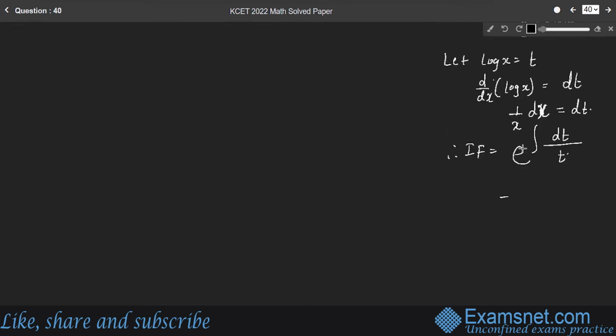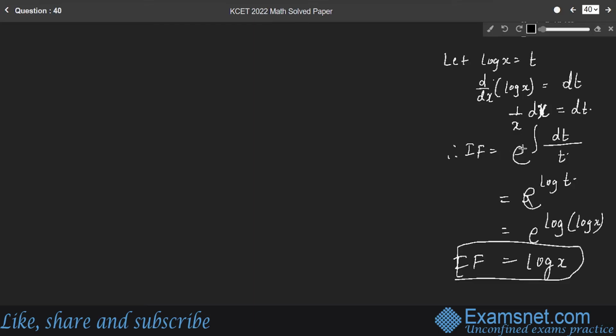Therefore, e raised to integral 1 by t with respect to t is log t, right? So here t is log x, so it becomes log of log x. Log of t becomes log of log x. So e raised to log of log x is log x itself. Therefore, integrating factor is log x, right?